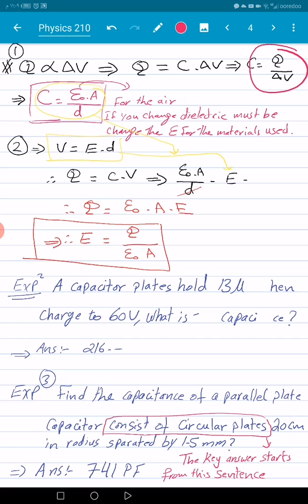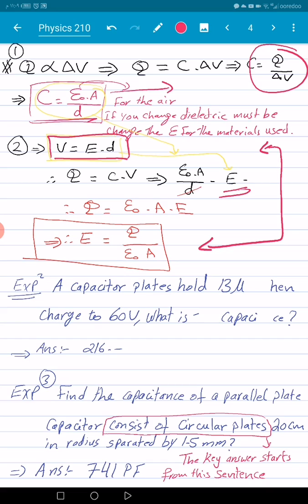And we said at first the things that the capacitance depends on are epsilon, A and D. So just substitute V from chapter 2, we know it, E multiply D. Here we need to know what E is, because the capacitor uses two plates in a uniform electric field.